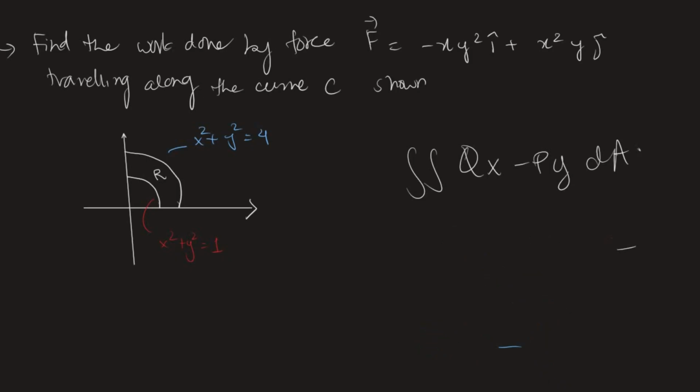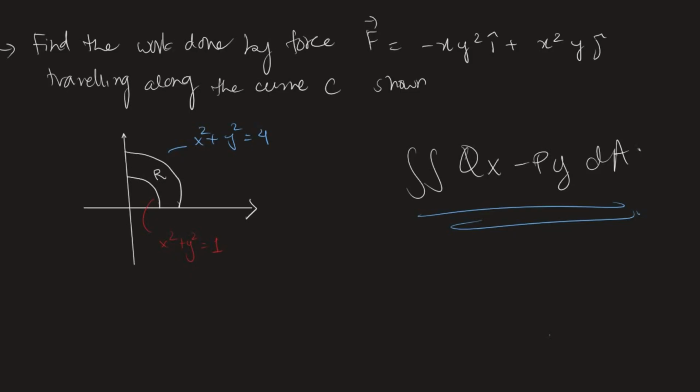Okay, so once we have the equation for Green's theorem, we simply have to plug the things in and solve it. So Qx, what does that mean? Qx means the partial derivative of Q with respect to x, and Py means the partial derivative of P with respect to y.